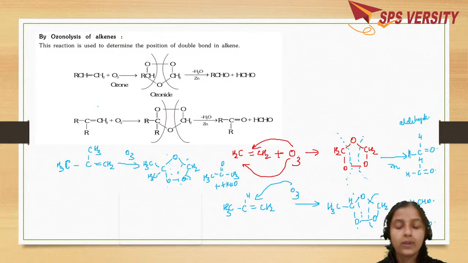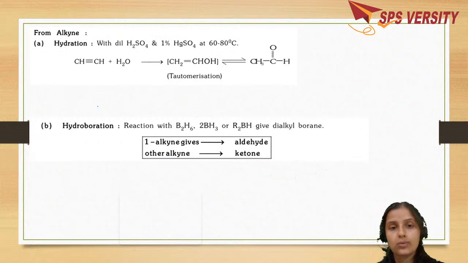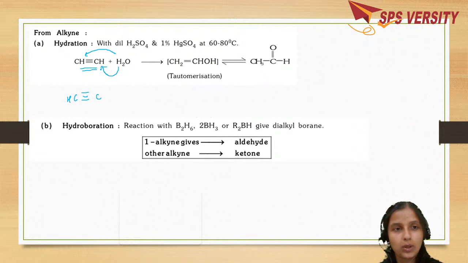How do you produce aldehydes and ketones? Let's move forward, from alkynes, that's by hydration. What do you mean by hydration? It's nothing but the addition of water. If you take an alkyne, CH triple bond CH, and treat it with a water molecule, then one of the hydrogens gets added over here and the OH gets added here. So you add OH to one carbon and the hydrogen to the other, and you get CH2 here, a double bond, and CH and OH.